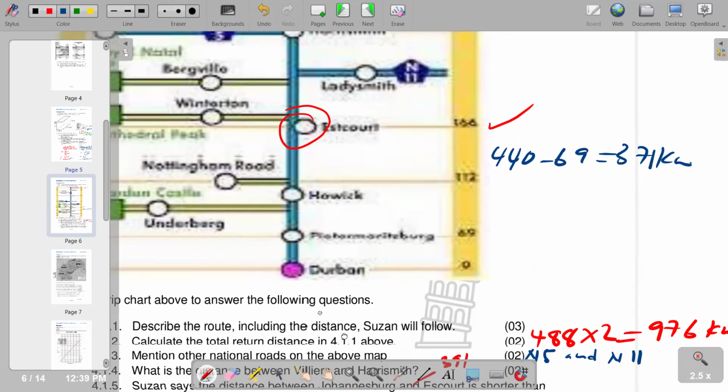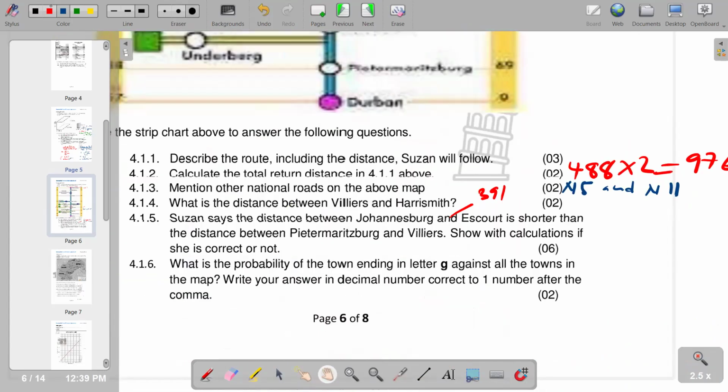And then that represents the other distance that we have here. So Susan says the distance to Johannesburg Estcourt is shorter, which is not true. It is not shorter. So in conclusion, we say therefore the statement is not correct. So this is what we have on that part.